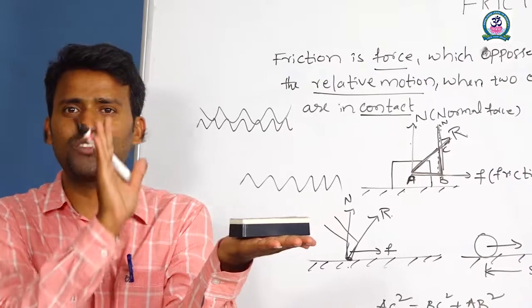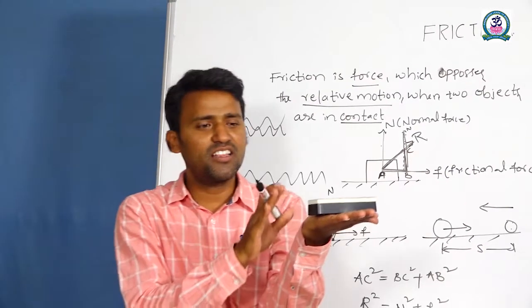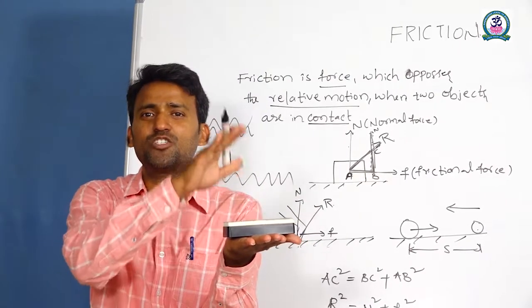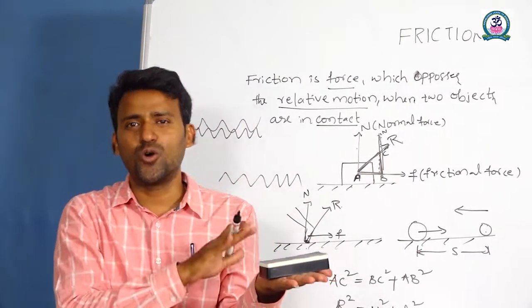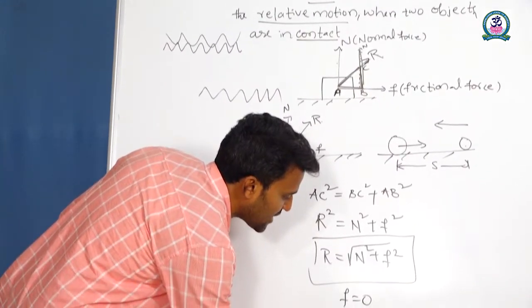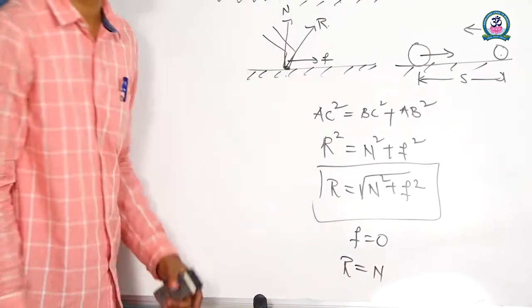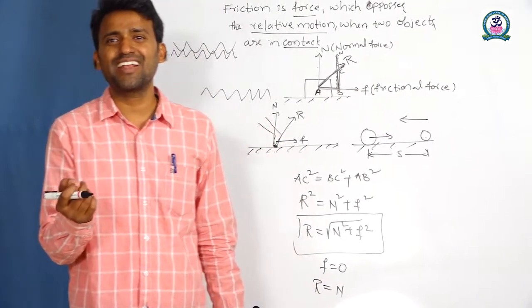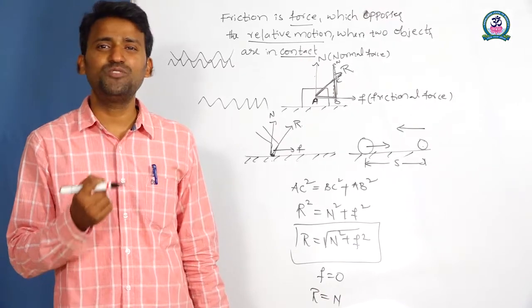No external force is acting on the body. At that time there is no frictional force acting on the body. Frictional force is equal to 0. When the frictional force is 0, you can write R is equal to N. The reactional force is equal to the normal force. The normal force we can also write as the weight of the object.